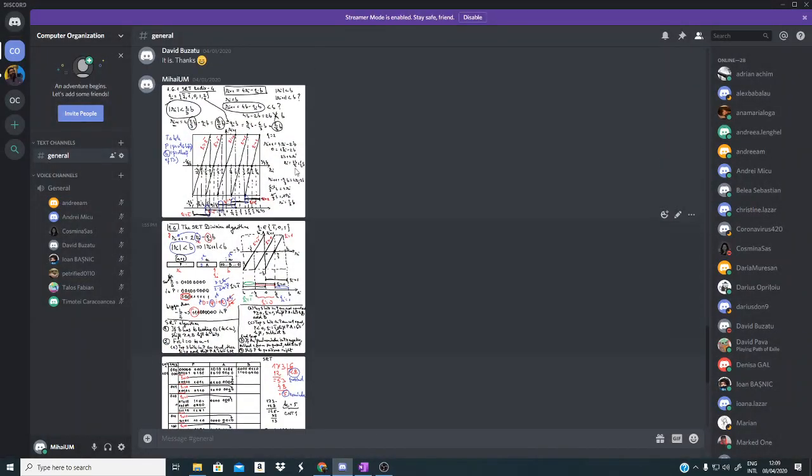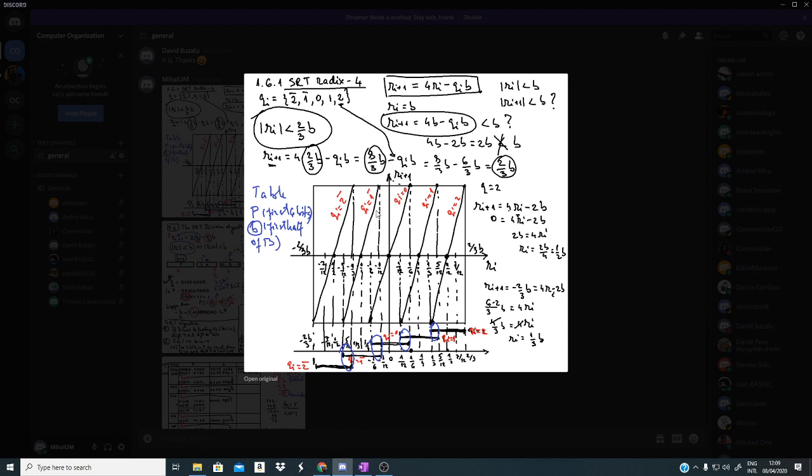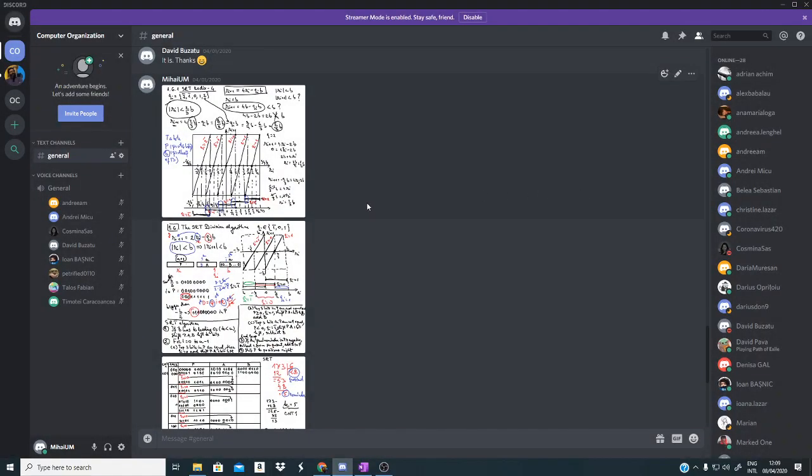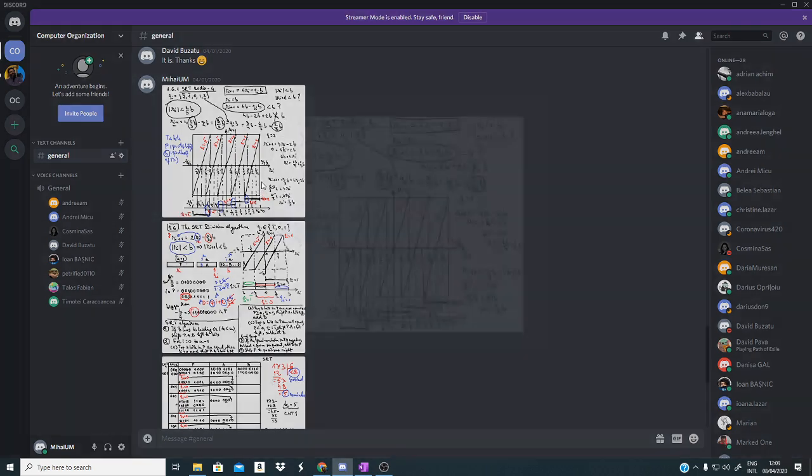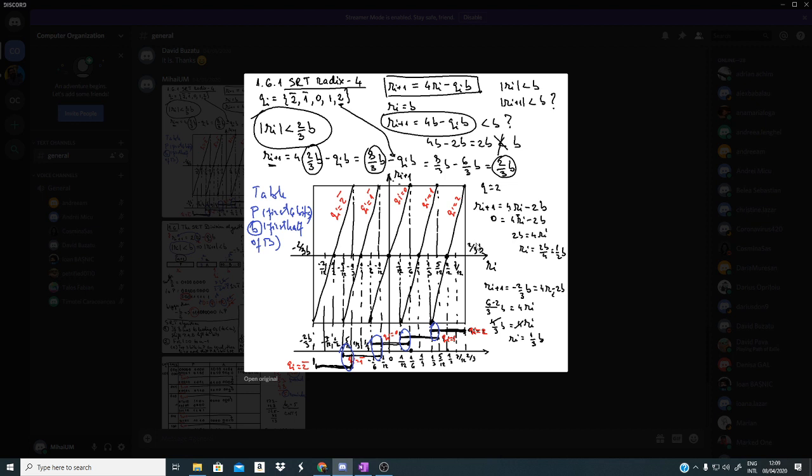So right now it's much more difficult. Actually, it's very difficult, and this problem is solved by a backtracking algorithm. We're not going to discuss it, because we are not delving into these details. It's a backtracking algorithm which takes into account the value of b and of course the value of the partial remainder.